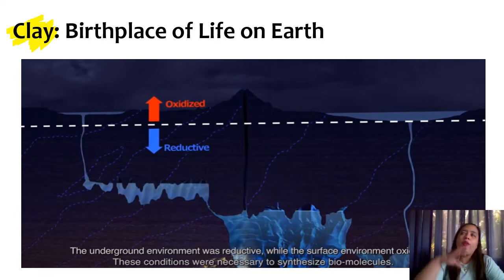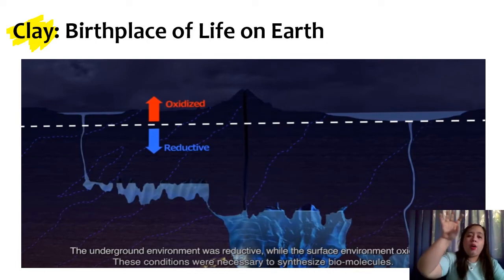The presence of the oxidizing ocean and the reducting clay causes an alternate movement of our molecules from oxidizing in the ocean above to reducting below in the clay, then back to oxidizing above, then reducting again in the clay, oxidizing, reducting, oxidizing, reducting.